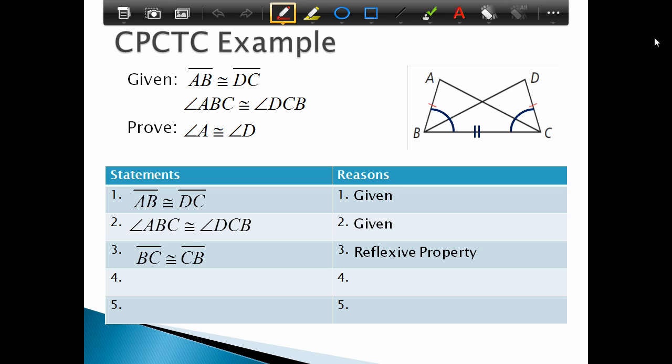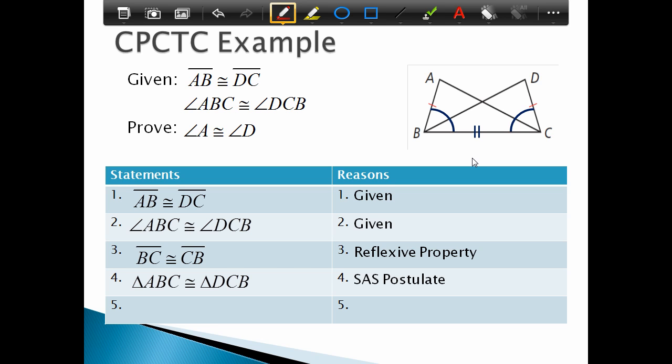That's SAS. Side, angle, side. So I'm going to say those two triangles are congruent. I have ABC on the left and DCB on the right. They're congruent to each other because of side, angle, side.